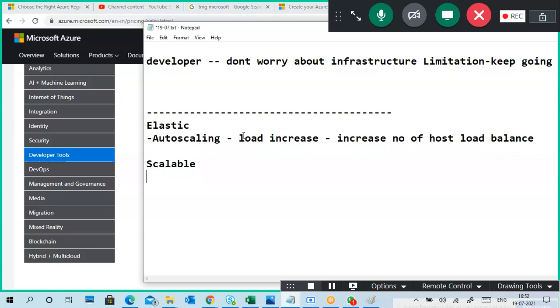Next is scalable. Scalable means, very simply, if I need more host deployments or more application access, I can increase as per requirement.